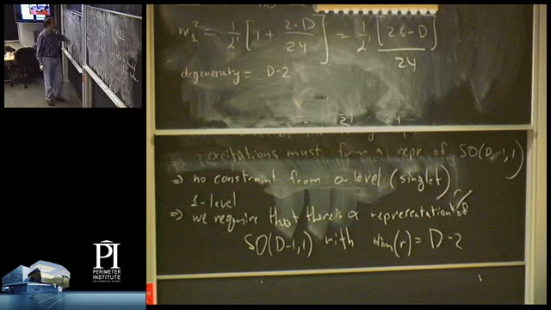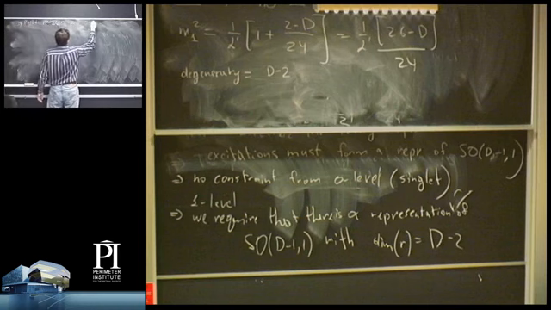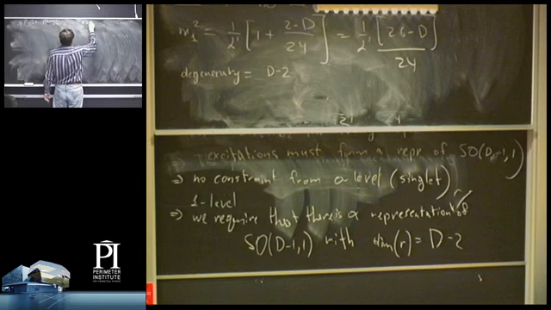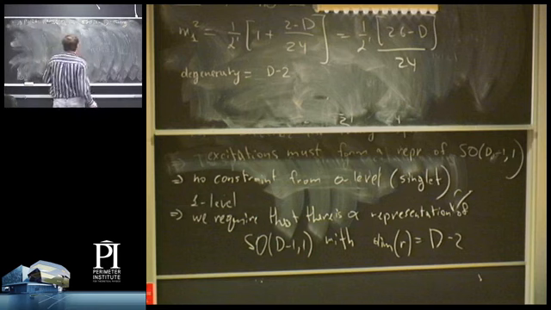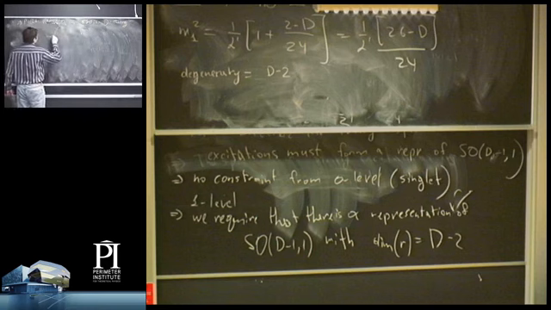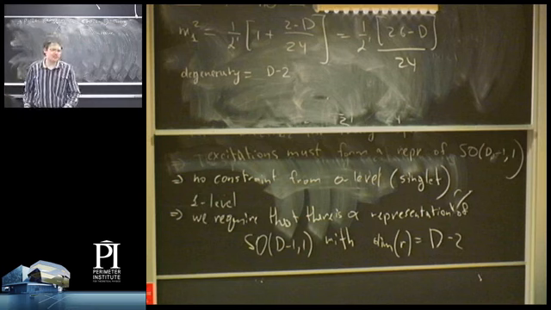The simplest way is to think about point particles. So let's talk about point particles in a Lorentz invariant theory. The particle can be massless, or it can be massive. Let's see how many states.